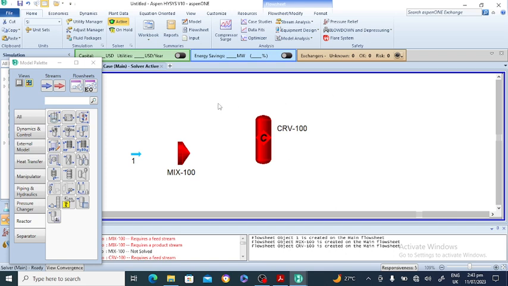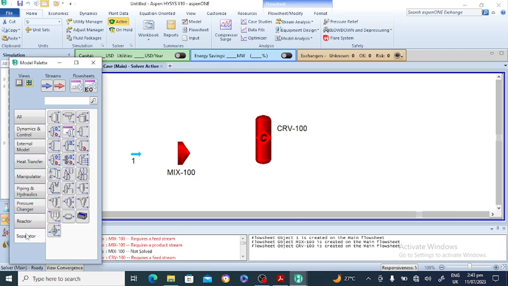We will go to the component splitter for separation purposes. Select, drag and drop the component splitter. In the component splitter we will obtain the desired ethyl chloride in the bottom and the unwanted products will come out from the top.